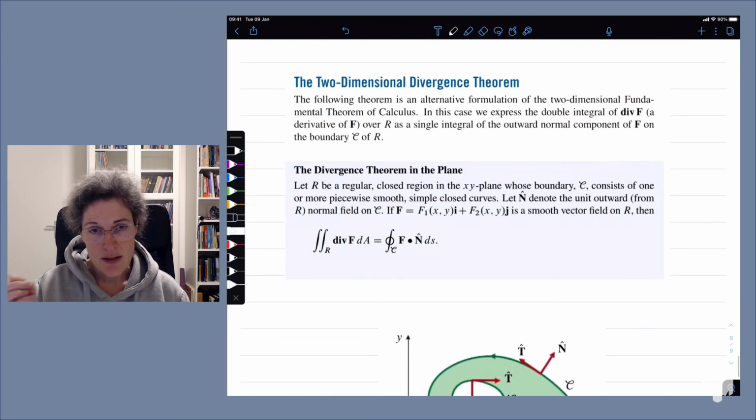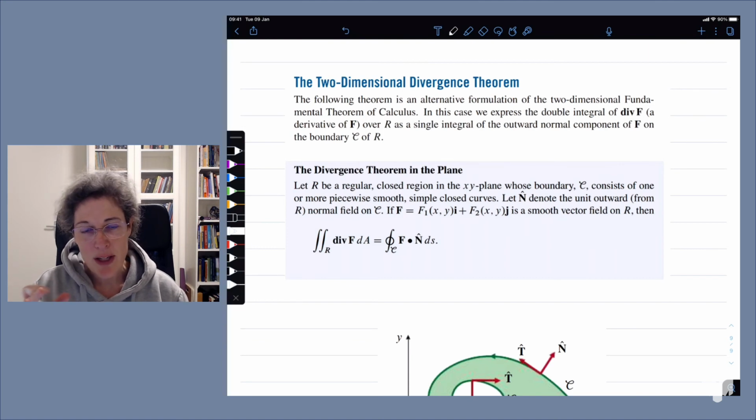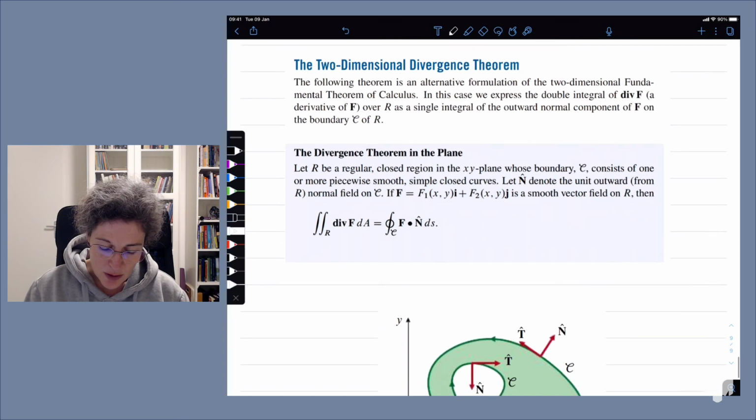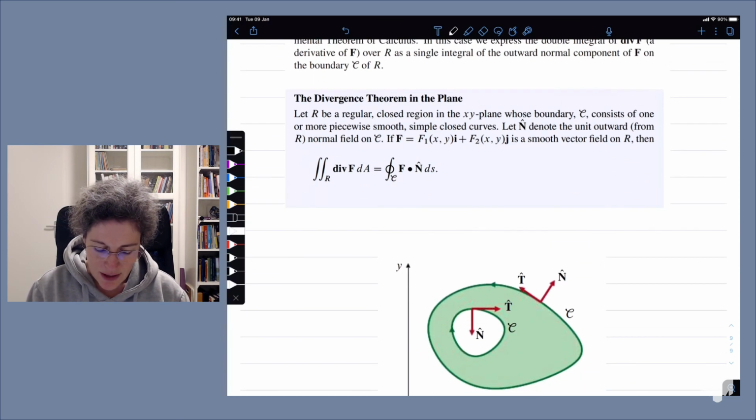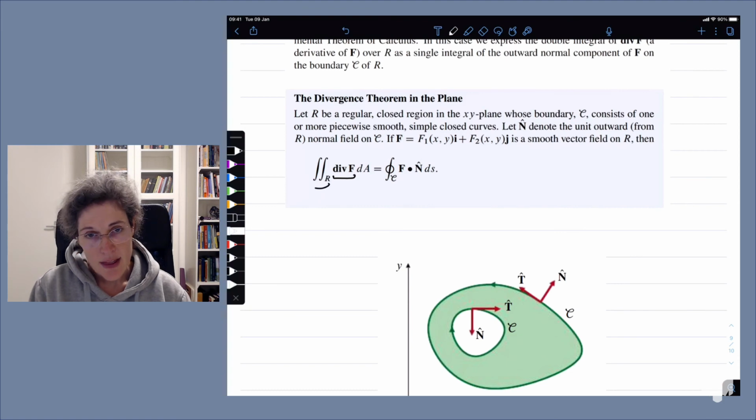There are other theorems in the plane that are in fact roughly equivalent to Green's theorem. So for example, you might see the divergence theorem. Let's have a quick look at what that looks like. That says that if you look at the divergence of a vector field over a region, that's going to be the same as looking at the dot product of our vector field with the outward normal around the loop, around that region.